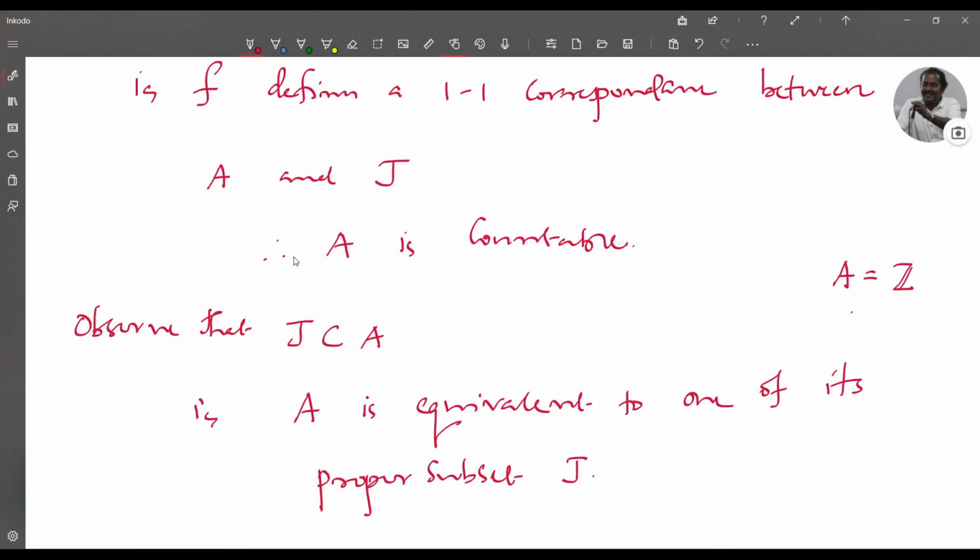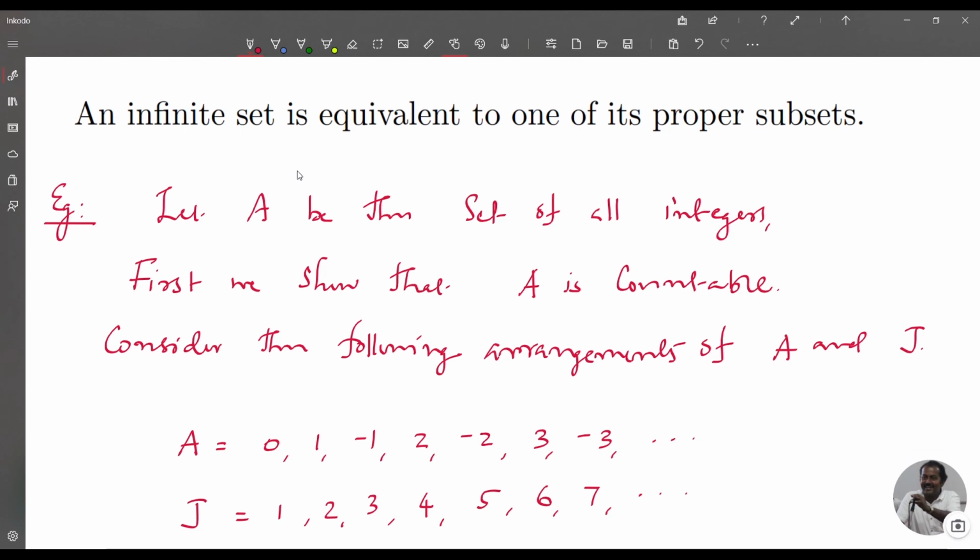So clearly J is contained in A. This shows that A is equivalent to one of its proper subsets J. So it is possible that an infinite set is equivalent to one of its proper subsets.